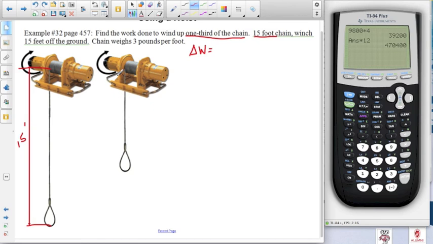So then what is left? We have 10 feet of chain left.